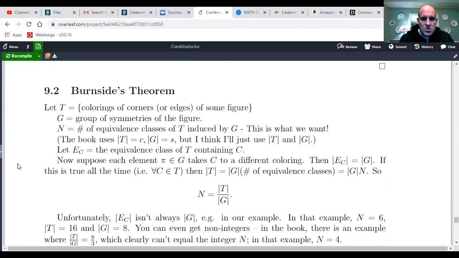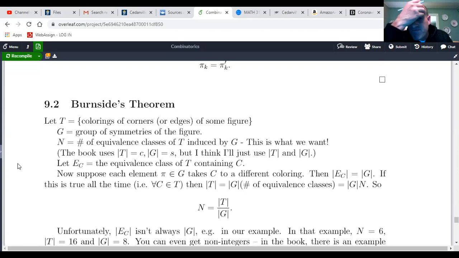So here's the thing. If every element of the group, now remember, this is just a group of symmetries on our figure, takes a coloring to a different coloring, so every single permutation in the group takes a coloring to a different coloring, then do you see that the size of the equivalence class is going to just be the size of the group?